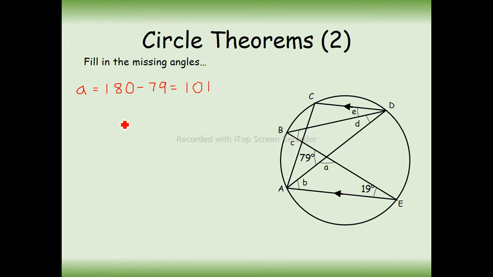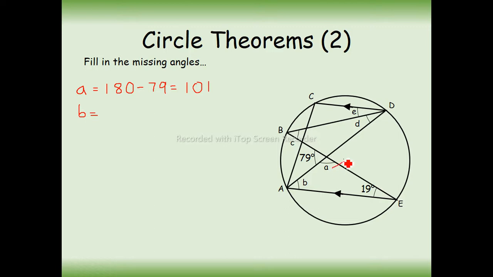All right. Is B 90? He's trying to make the case that B is 90. Do we agree that B is 90? No, I don't agree because 101 plus 19 equals 120. Very good. 180 minus 120 is 60.